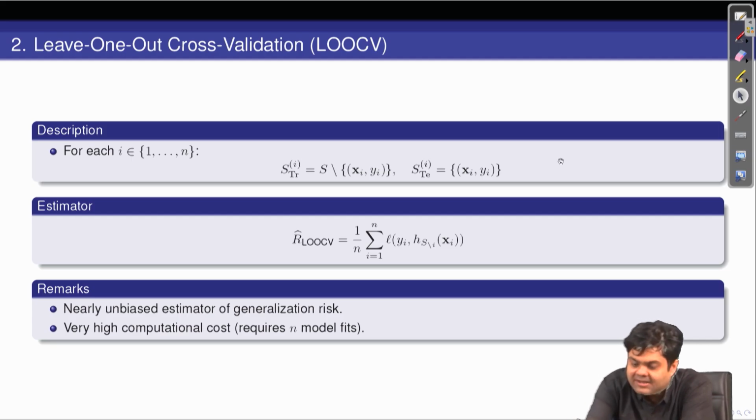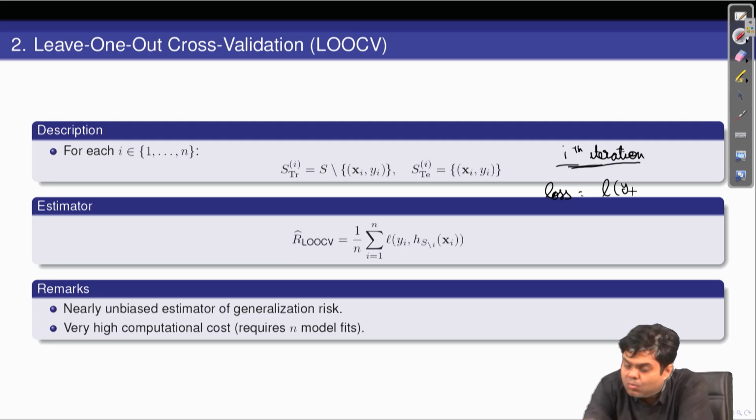So, when you are doing the ith iteration of the process, your loss will just be, because there is only one data point, simply yi, that is the actual one, and then you have trained the data on the sample minus the ith point. So, that is your model Hs minus i.